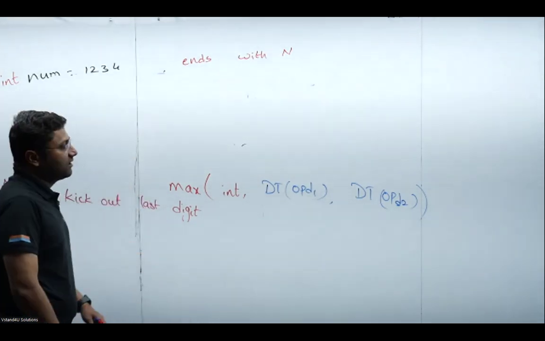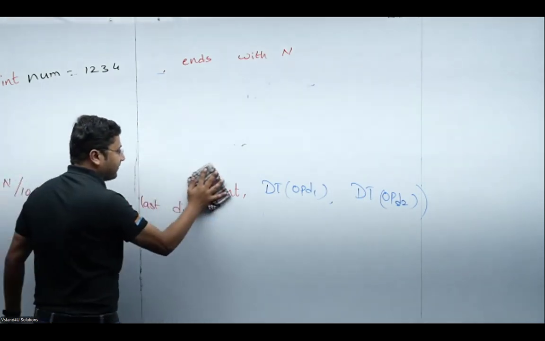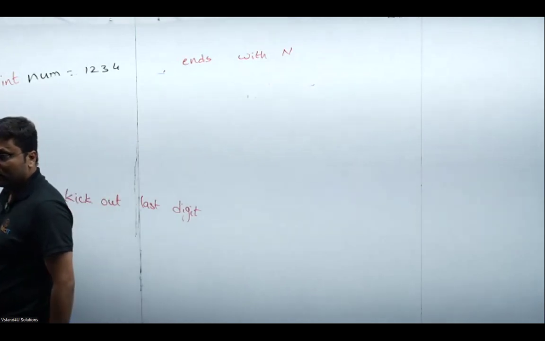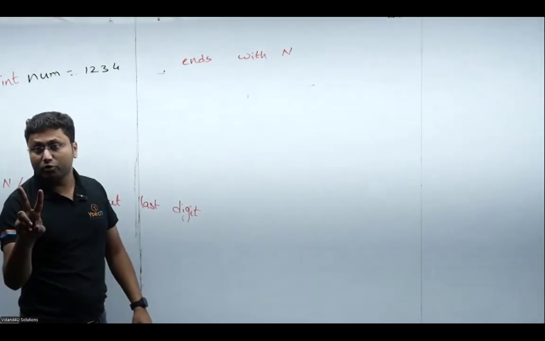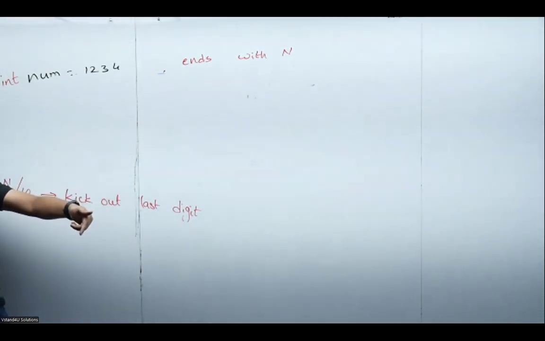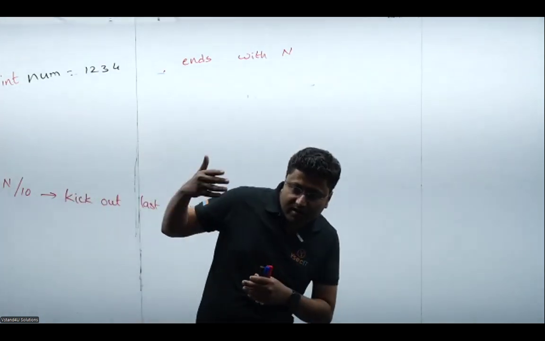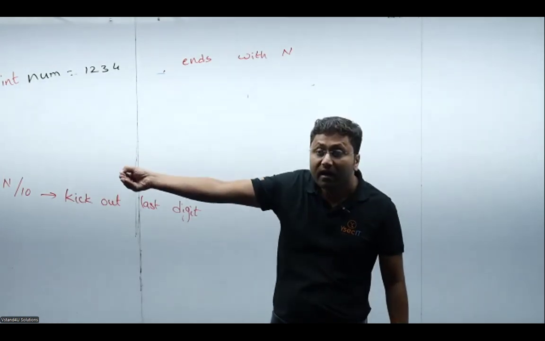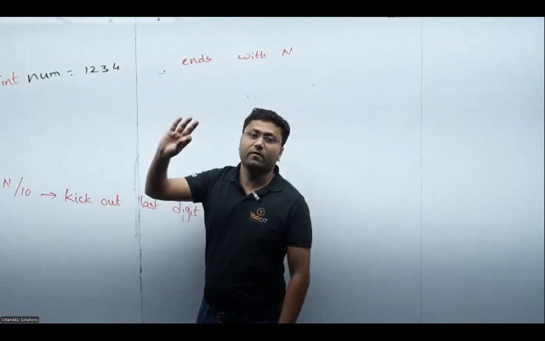Now the point is, in the scenario we are working on, we need to read the last digit, yes or no? See, for the last digit, there are two types of operation. One, kick out the digit. Second, read the last digit. As of now, we have learned kicking out the last digit. What we are here for is learning how to read the last digit.